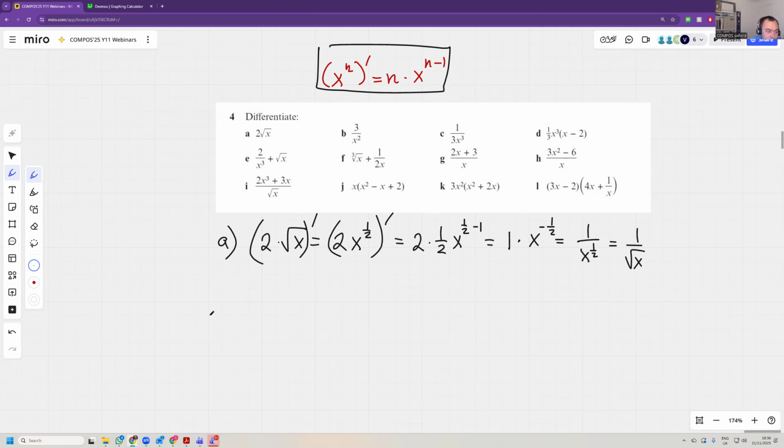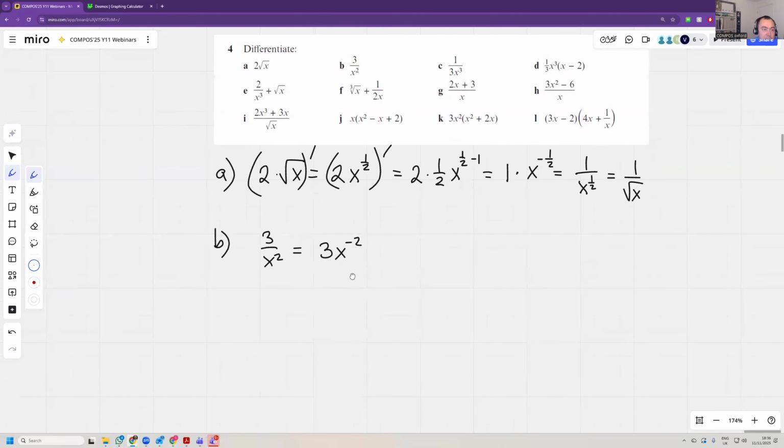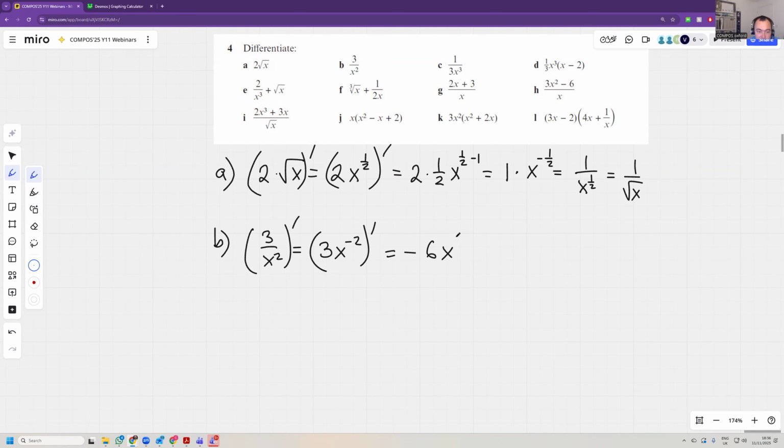B. 3 divided by x squared, that's 3 multiplied by x^(-2). If you differentiate that, it's going to be minus 6x to the power minus 3, which is minus 6x cubed.